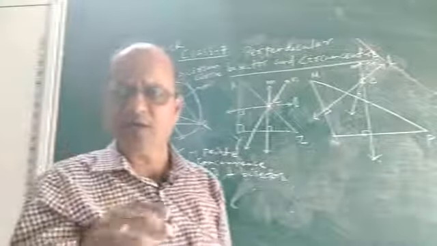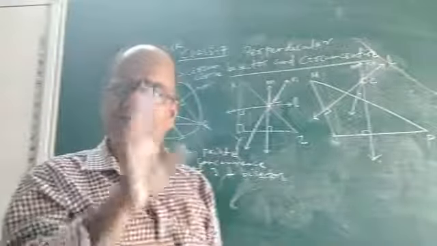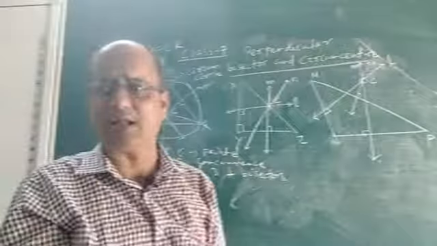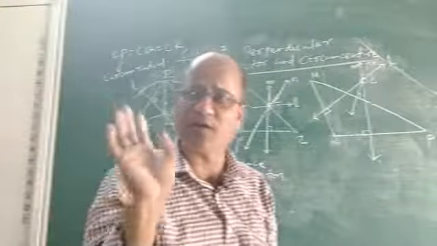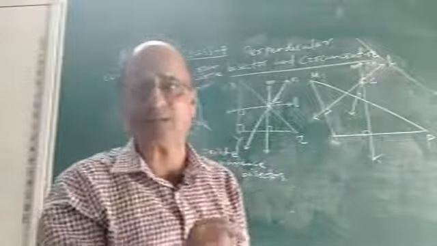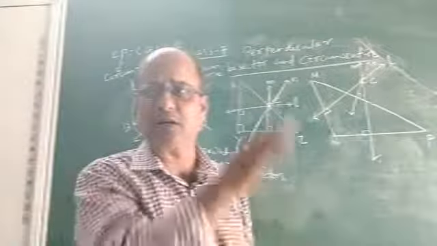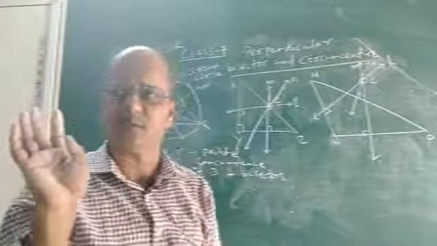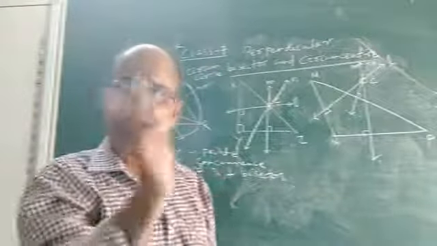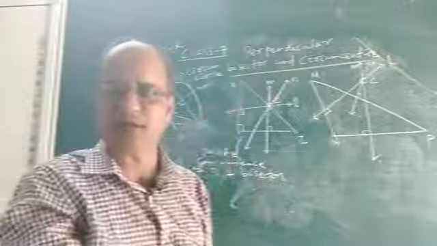When we draw three perpendicular bisectors of the three sides of a triangle, we find that they pass through a particular point. That point is known as the circumcenter of that triangle. In acute, it lies interior. In obtuse triangle, the circumcenter lies exterior or outside the triangle. In right triangle, it lies on the hypotenuse.